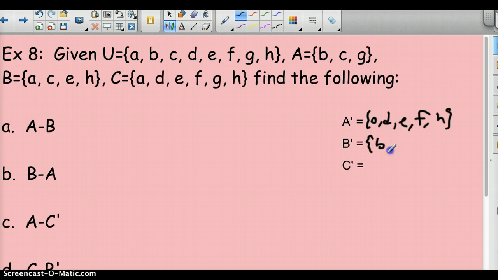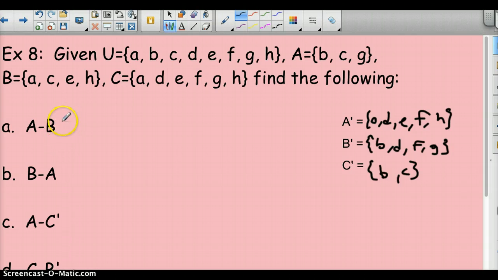B prime is B, D, F, and G. Finally, C prime. Well, if C is A, D, E, F, G, and H, C prime in this case is just B and C. I will use those later on.